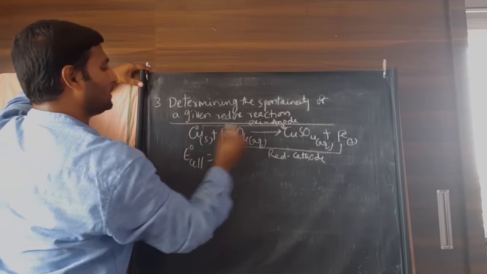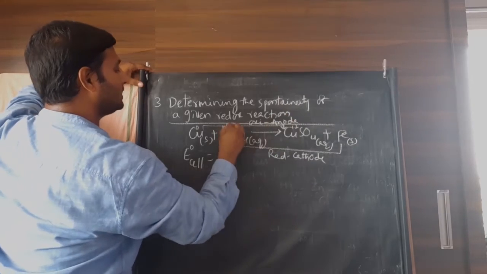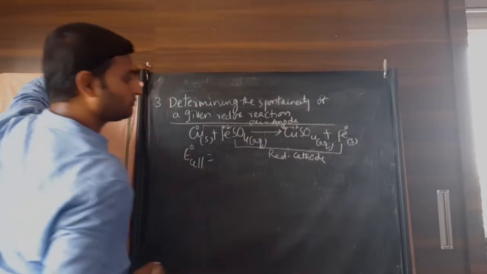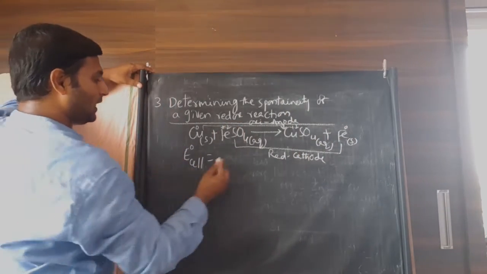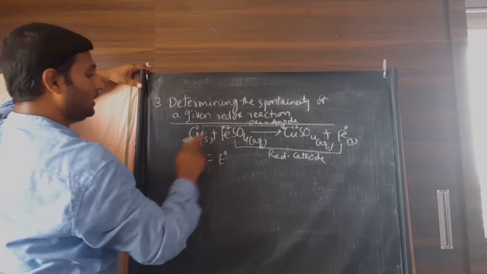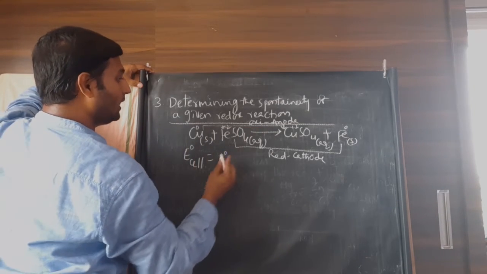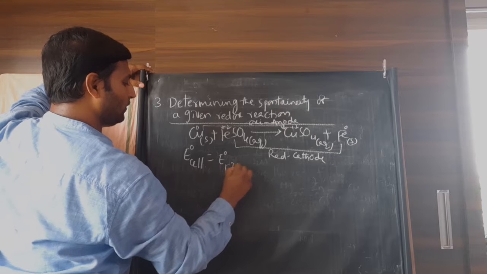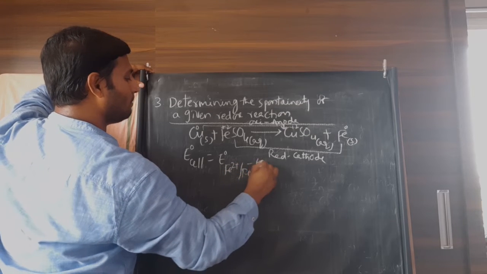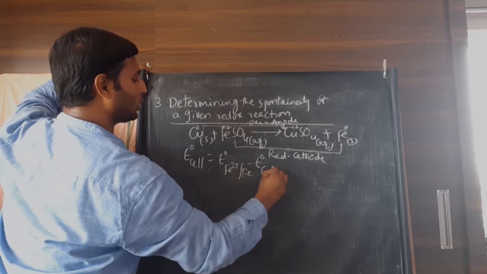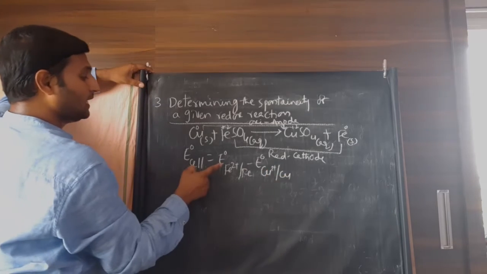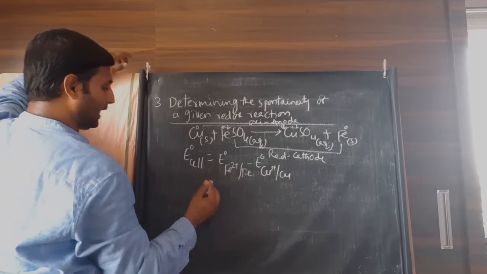Right? Because copper is changing from 0 to +2, iron is changing from +2 to 0. Now with that you can understand the formula for cell potential of this cell will be E0 ferrous/iron minus E0 cupric/copper. That is E0 cathode minus E0 anode.